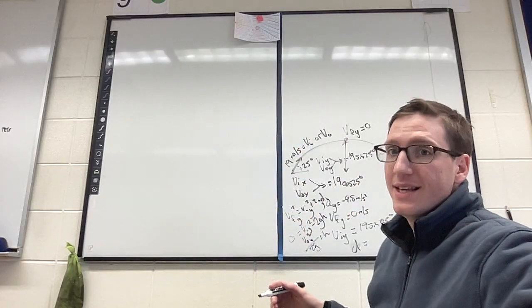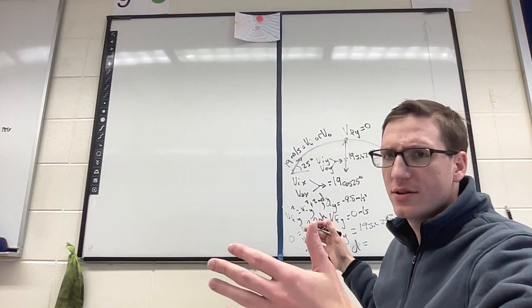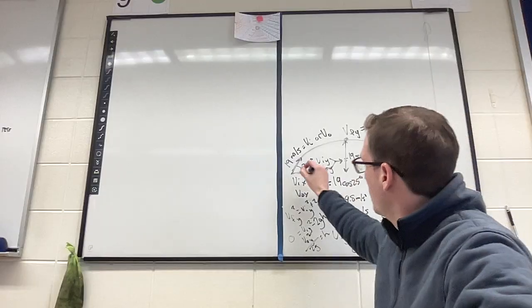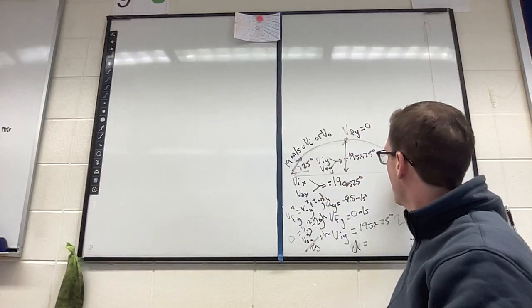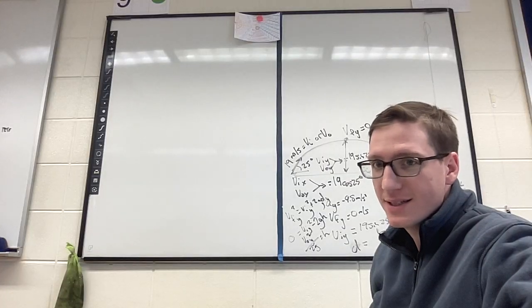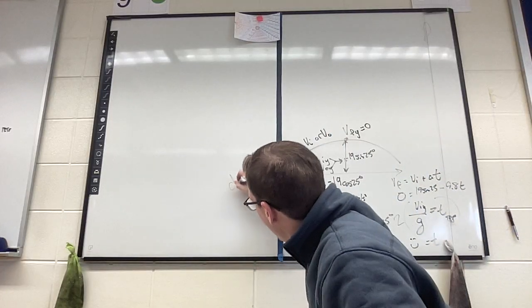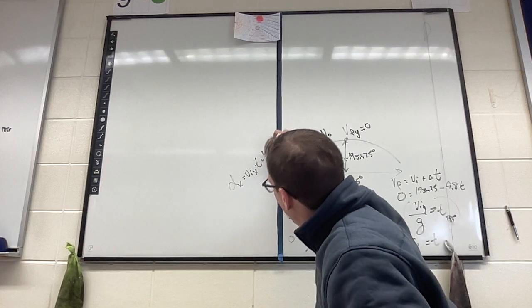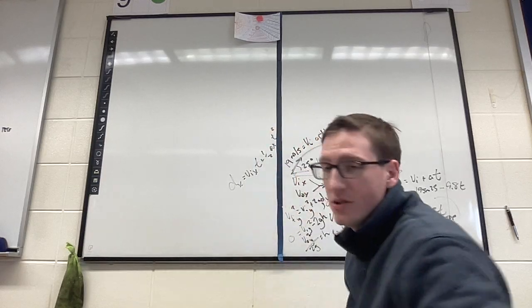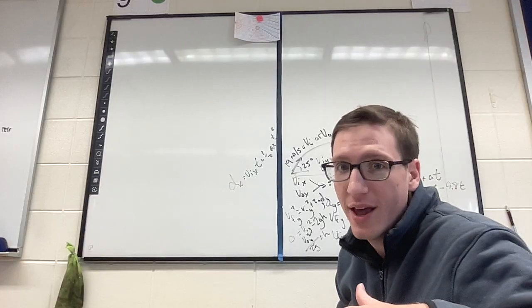But imagine it says the total range of the launch. Well, when they refer to range, they're talking about the total x distance. So I'll say dx equals v initial x times t plus 1/2 axt squared. And you say, Mr. Berger, there is no ax.